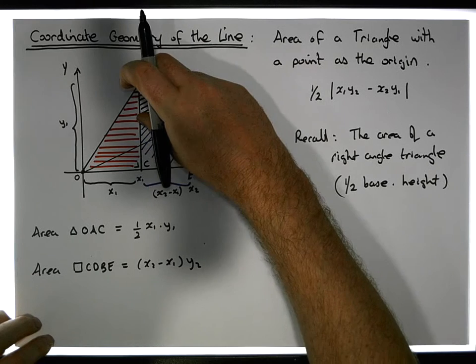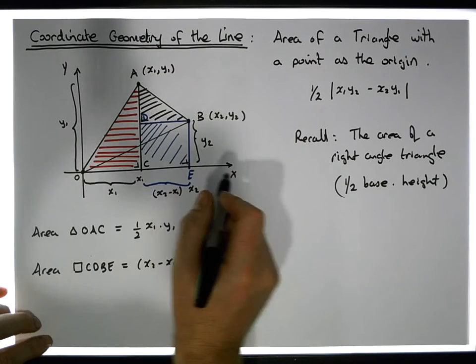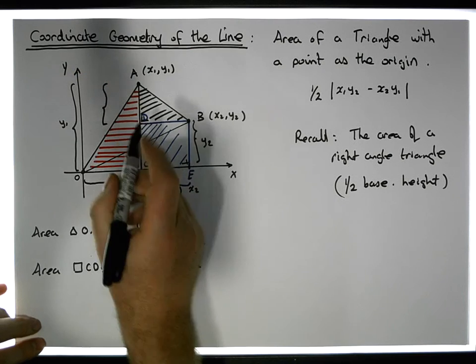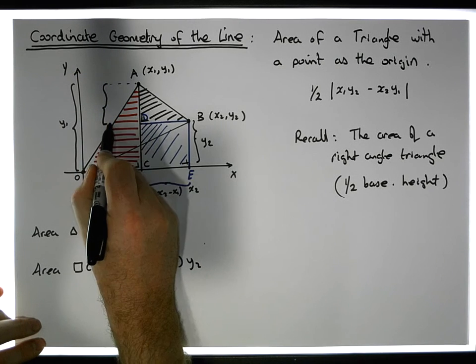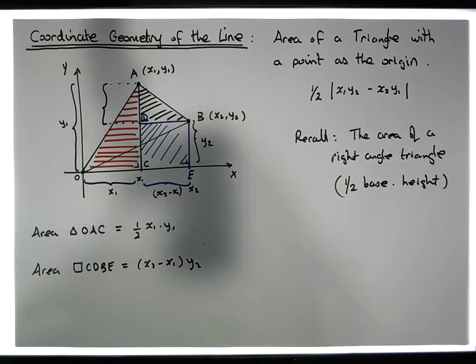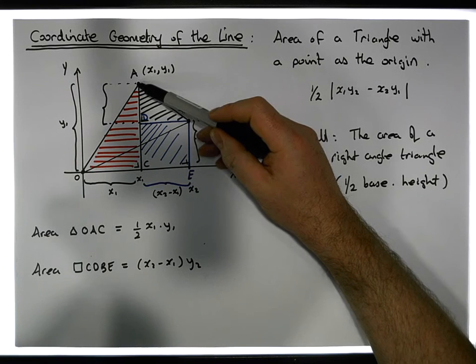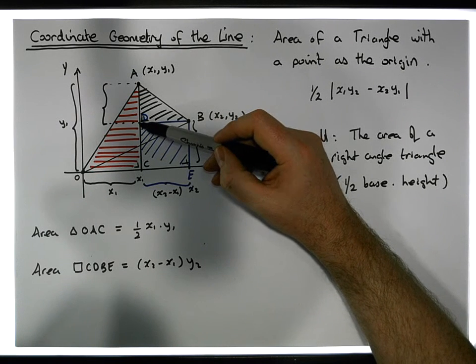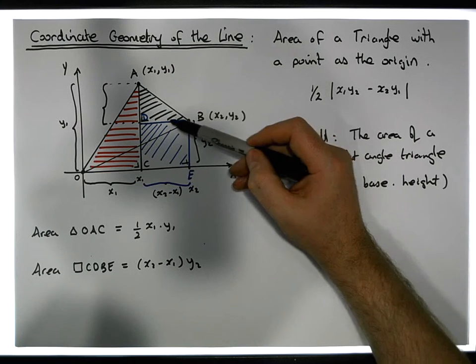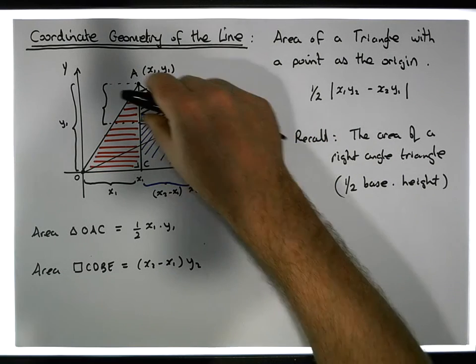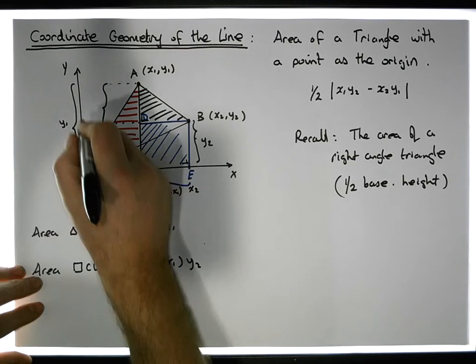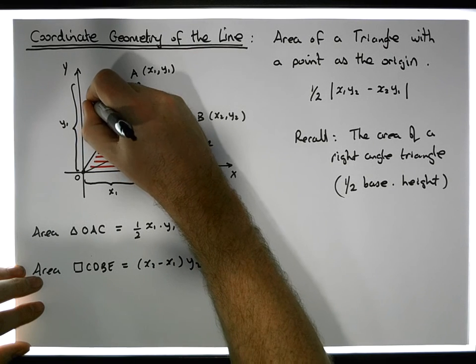And the height this time, let me symbolize that, the height of this particular triangle here: point A is of height y1, and point D is of height y2, so the height here is y1 minus y2.